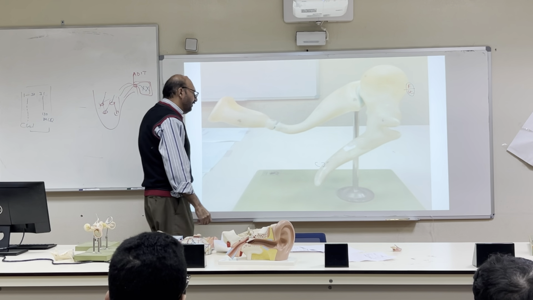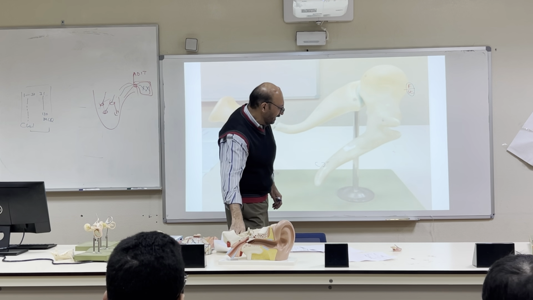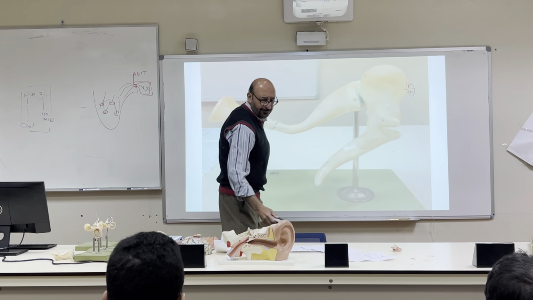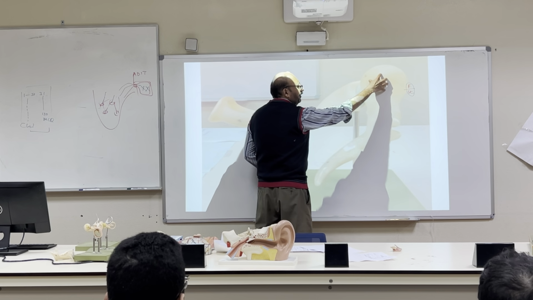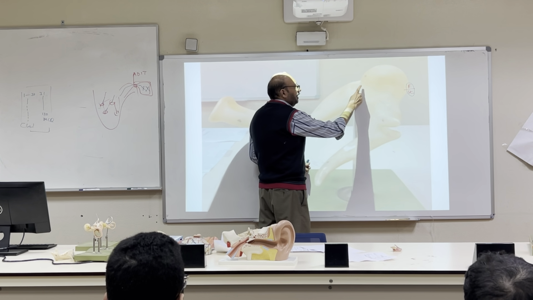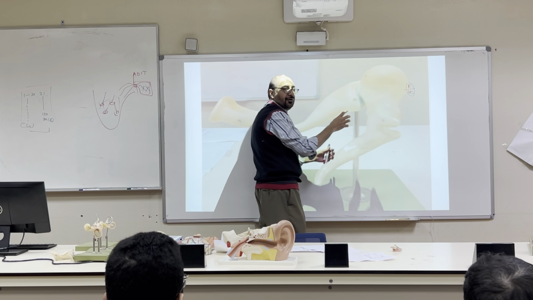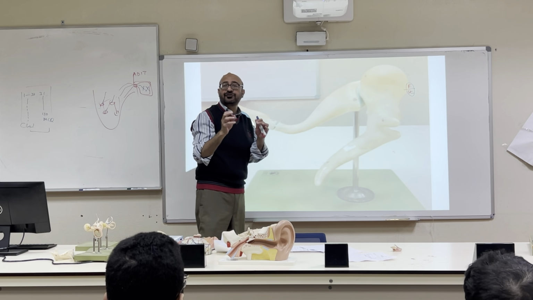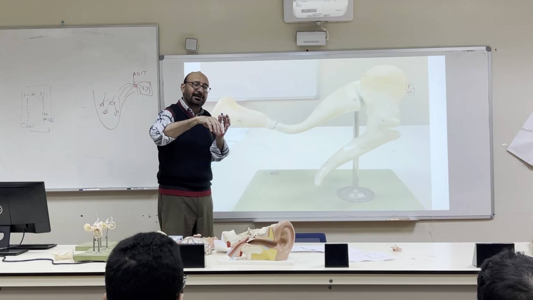Three bones in the ear we have: malleus, incus and stapes. This is the head of the malleus, this is the lateral part of the malleus, this is the handle of the malleus. Of course they have joints because they have to move. And of course the joints are secured by the ligaments.